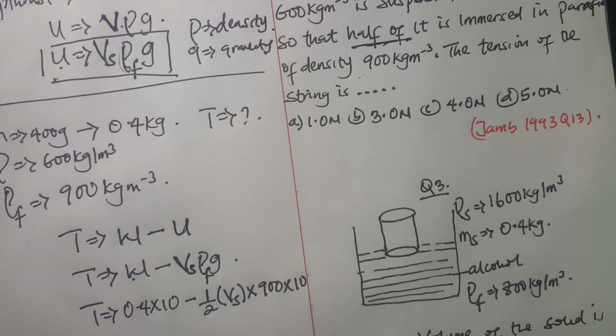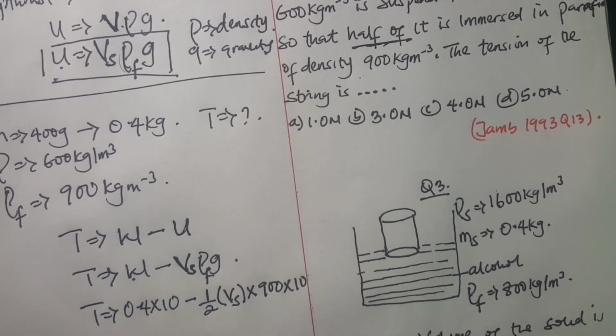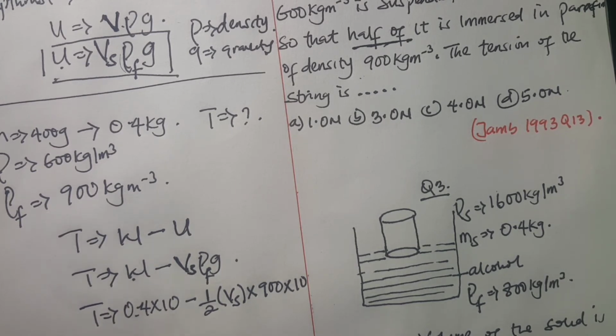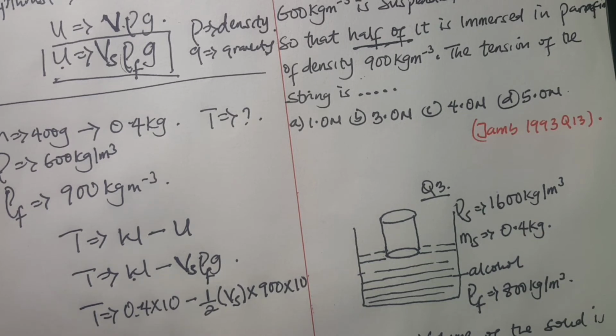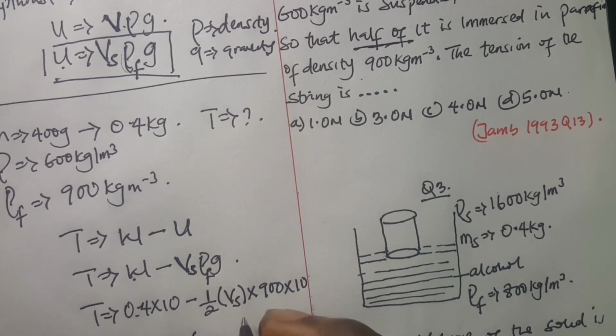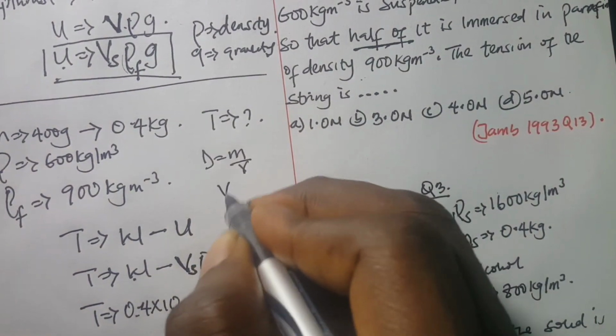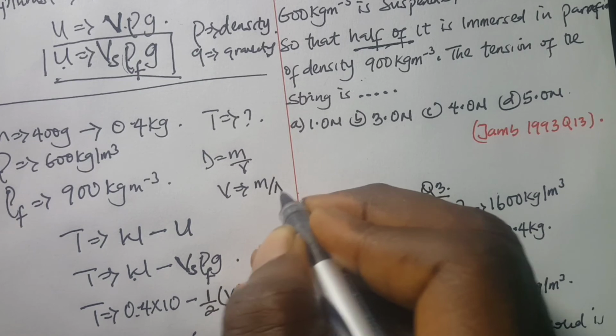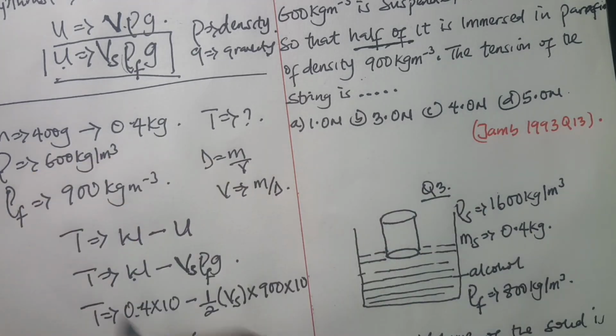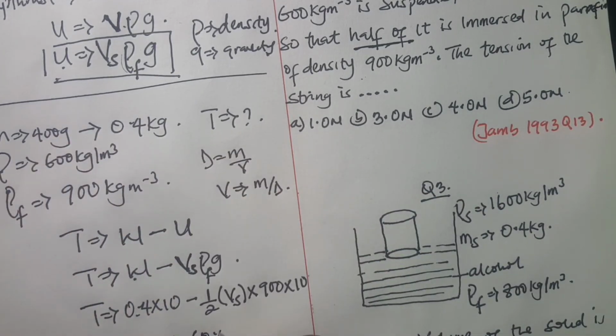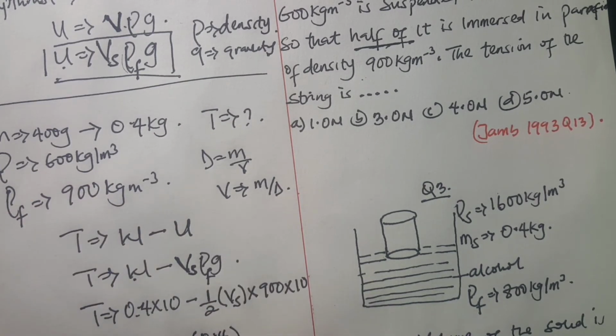So without wasting time, we can finish this and say tension will be equal to 0.4 times 10, that's 4, minus half of the volume of the solid immersed. Half of it is immersed. So from our density equals mass over volume, you know that volume will be equal to mass over density. So the mass given in the question was 0.4 and the density of the solid was 600, times 900 times 10.